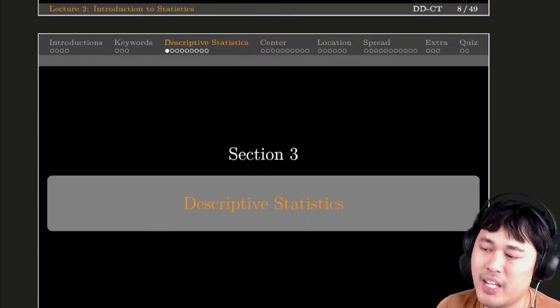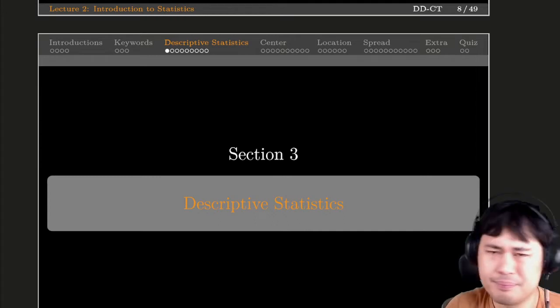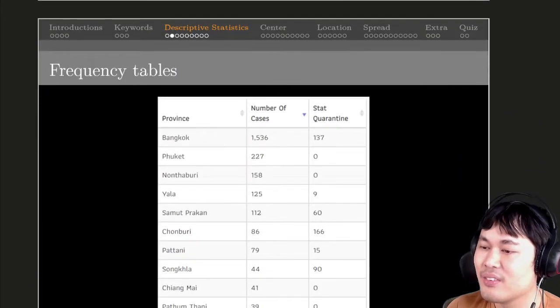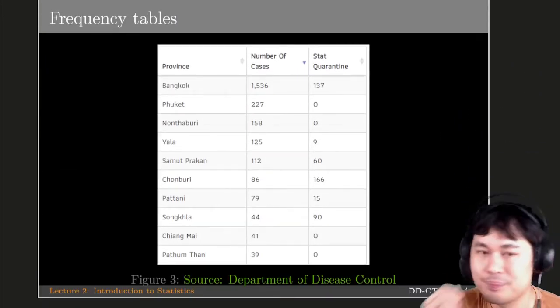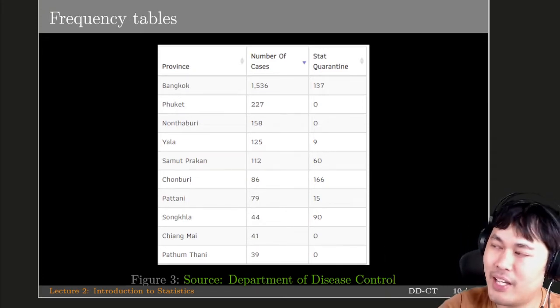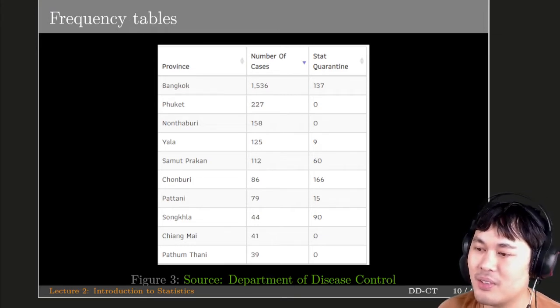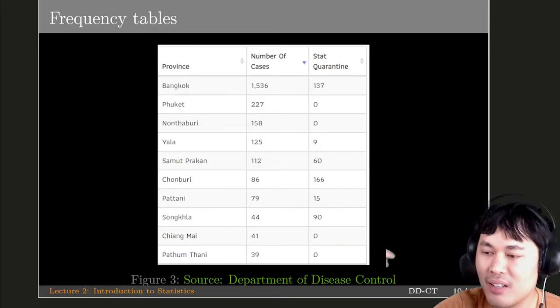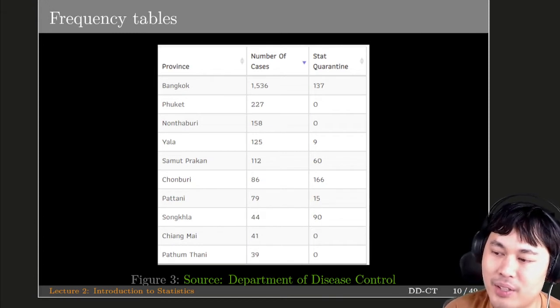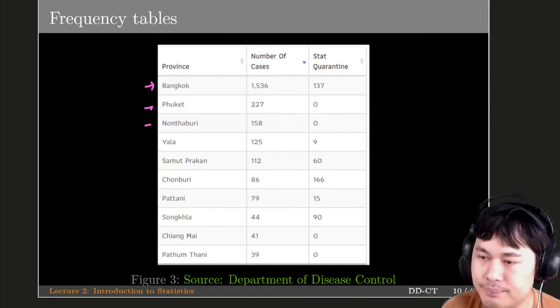So there are many ways you can describe, show or summarize data. The most basic one is what we call the frequency table. This is pretty much what you do if you only have paper and pencil: you go around and ask people, for example, where do you live? You live in Bangkok, Phuket, Nonthaburi, Samut and so on.